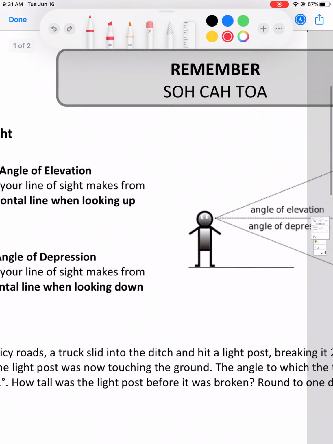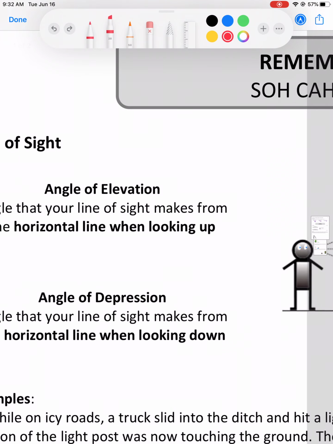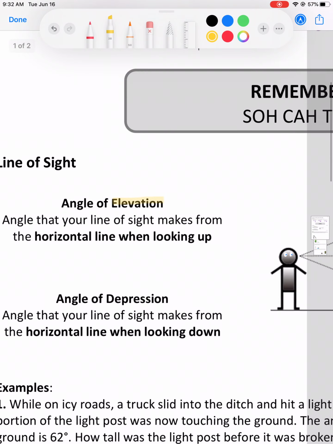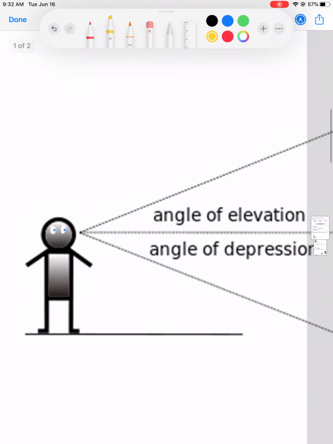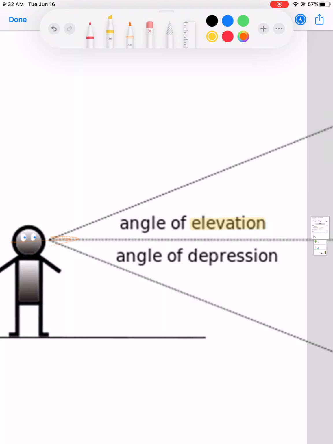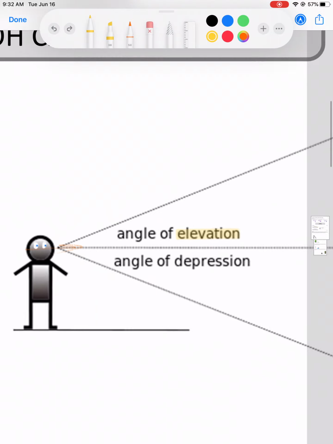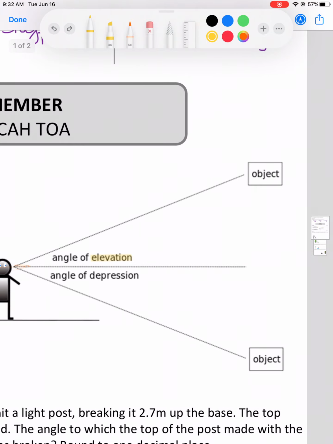So there's this thing called angle of elevation. Elevation means the angle that your line of sight makes from the horizontal line when looking up. So if those are his eyes and he's looking this way, the angle of elevation is the angle from his line of sight up.